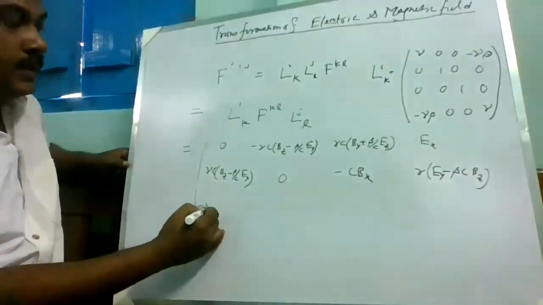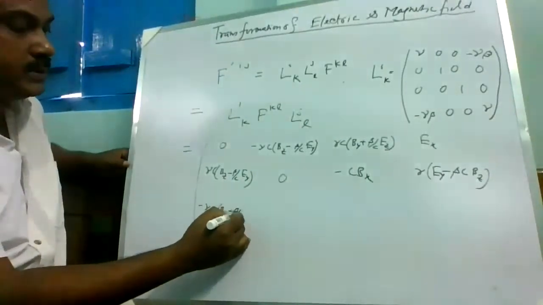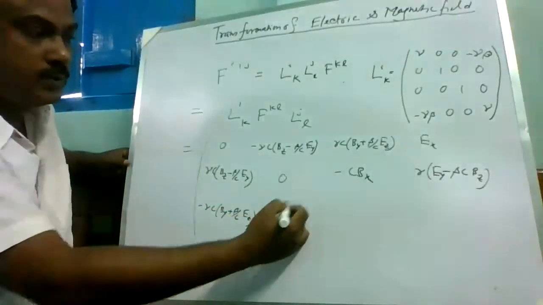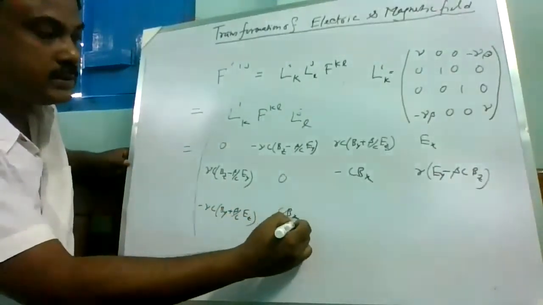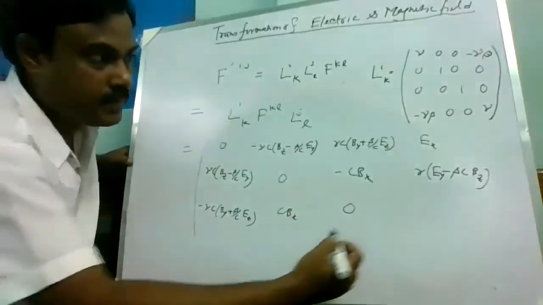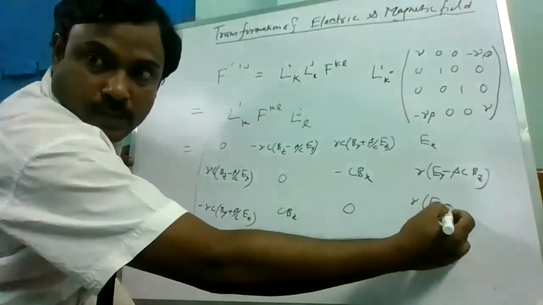This component will be minus gamma c dy plus beta y c z. This will be cdx. This will be 0, and this will be gamma ez plus beta c dy.